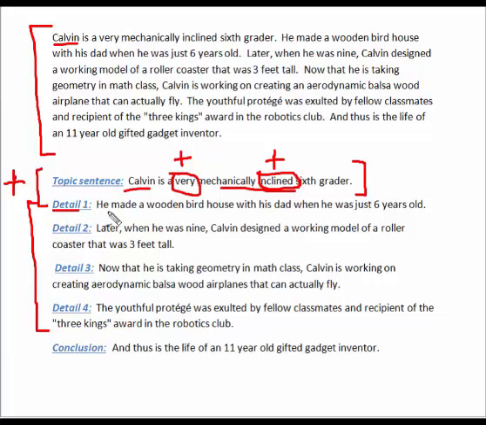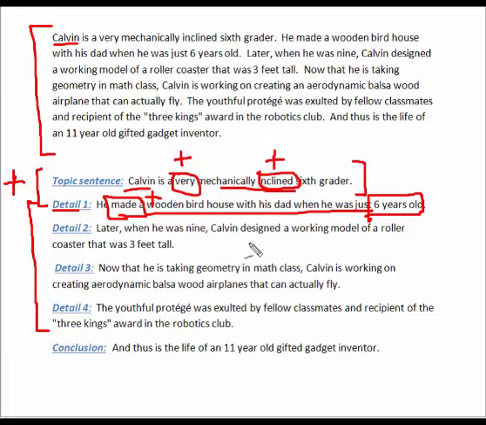Detail number 1, it says, he made a wooden birdhouse with his dad when he was 6 years old. When you make something, most of the time, it is going to be positive. Making something when you're 6 sounds pretty positive to me. We go to detail number 2.